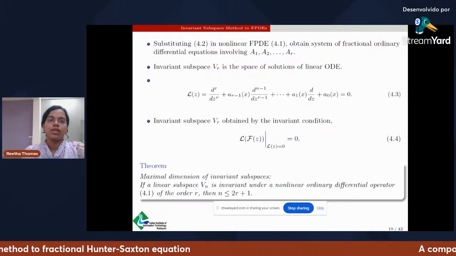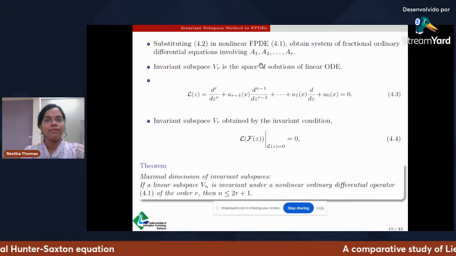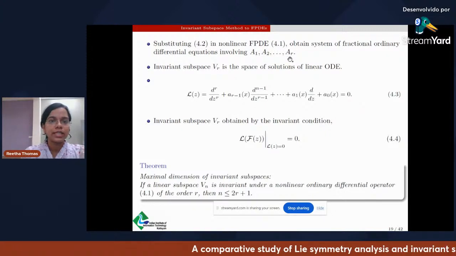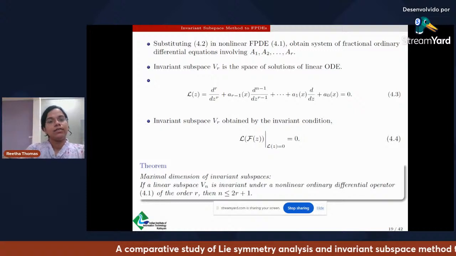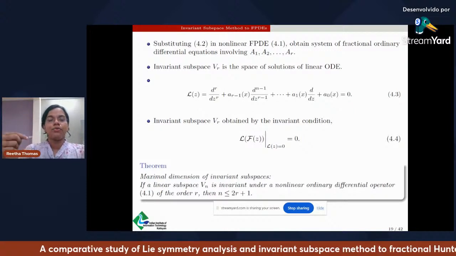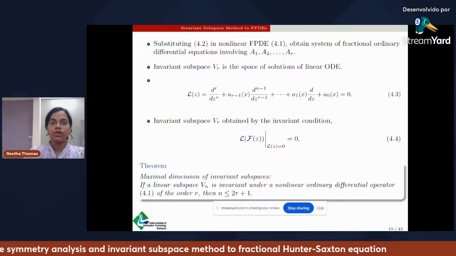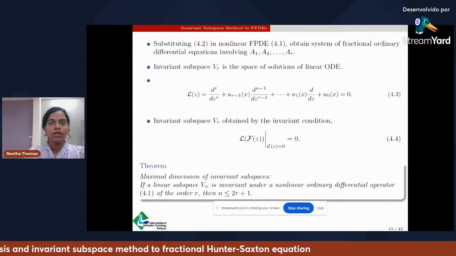Substitute this solution into the original fractional PDE, we can obtain the A of t's, and those A of t's satisfy the fractional ODE.